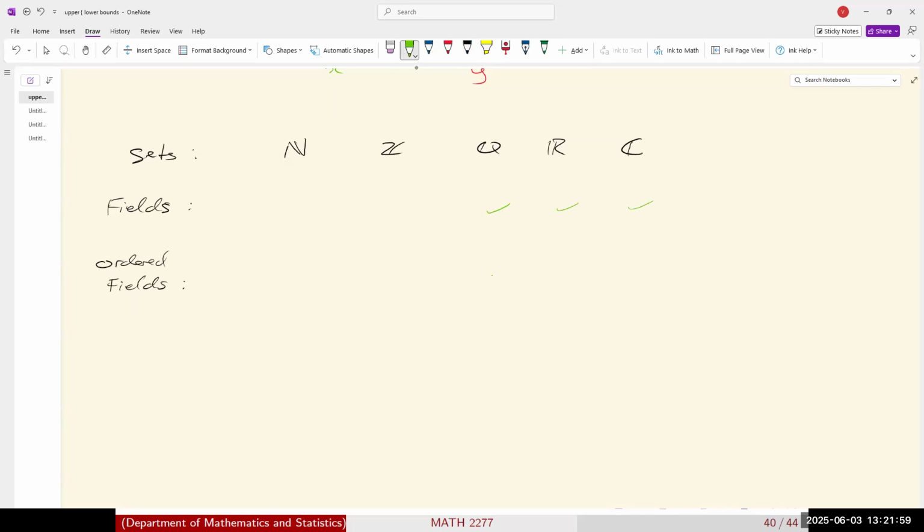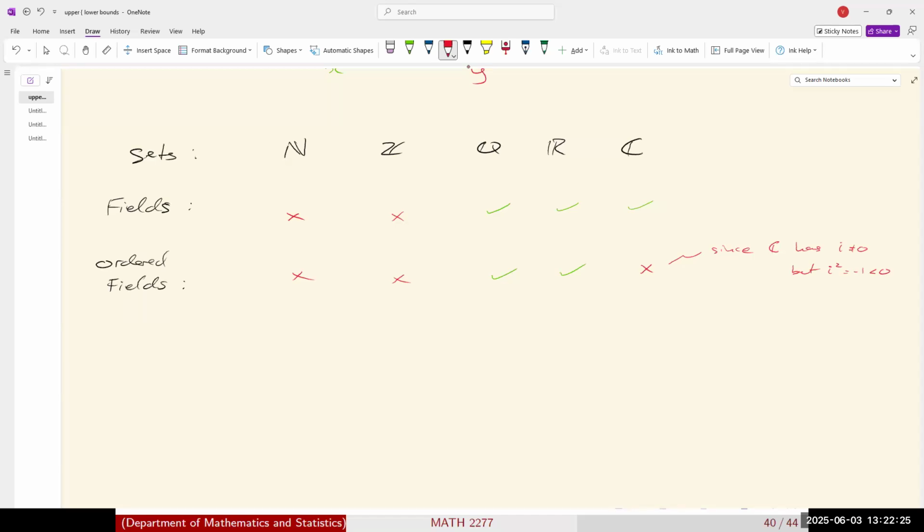For ordered fields, we lose the complex numbers. Remember the reason why? We lose the complex numbers because C has i, which is not equal to 0, but the square of it, which is -1, is less than 0.